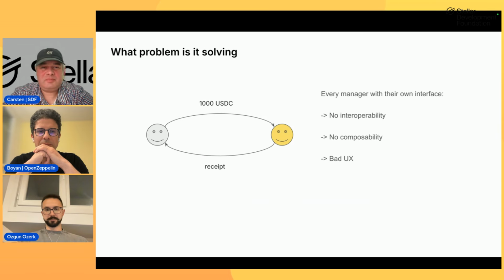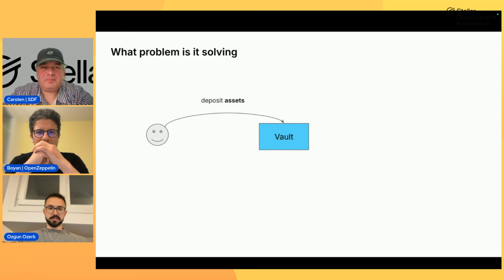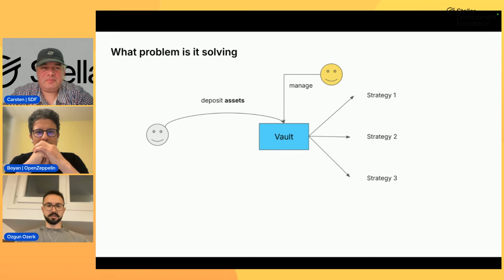But for every manager, you will have different problems. There is no interoperability, there is no composability. The UX in general would be bad. So Vault tries to standardize all these, and it still can be managed. So this is what we are trying to do.